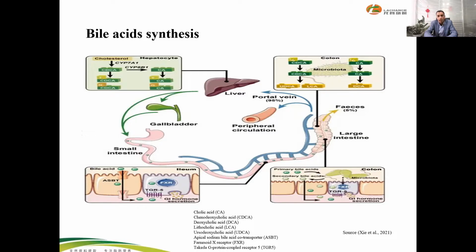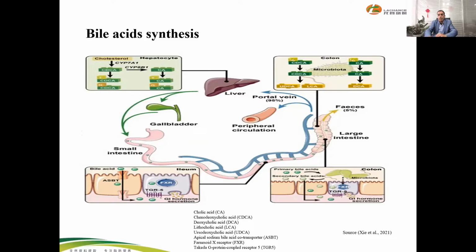In the second part of the small intestine, the jejunum, digestion and absorption start. The absorption of bile acid starts here, and then goes to the last part of the small intestine.